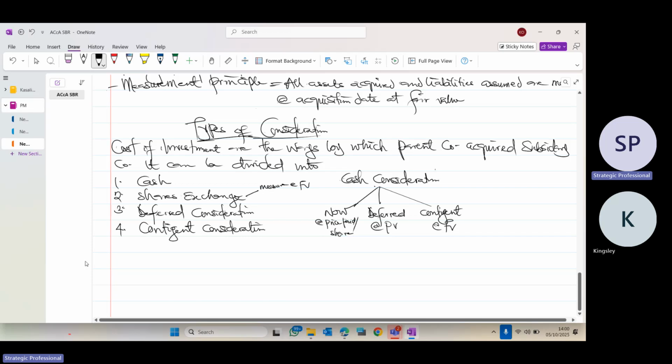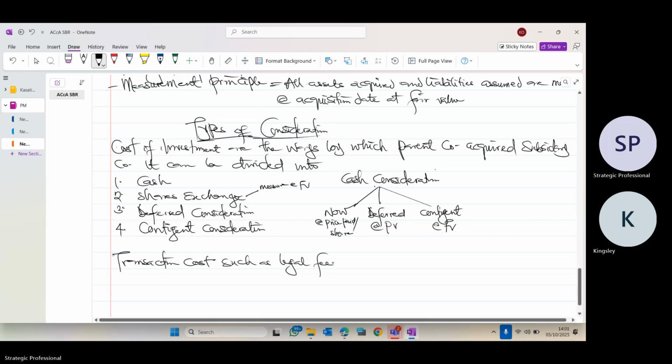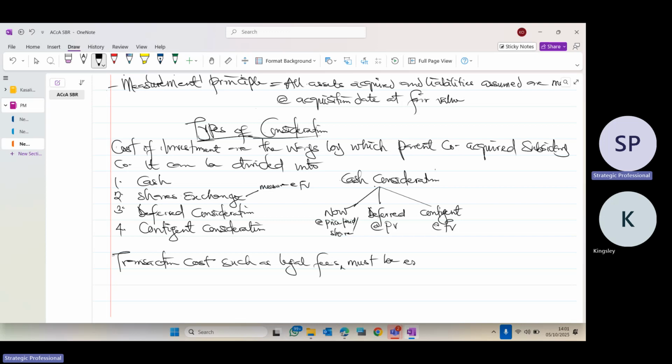And here also, when we talk of transaction costs, we are actually referring to all the incidental costs, such as legal fees, and legal fees must be expensed in the P&L account. We do not capitalize them.